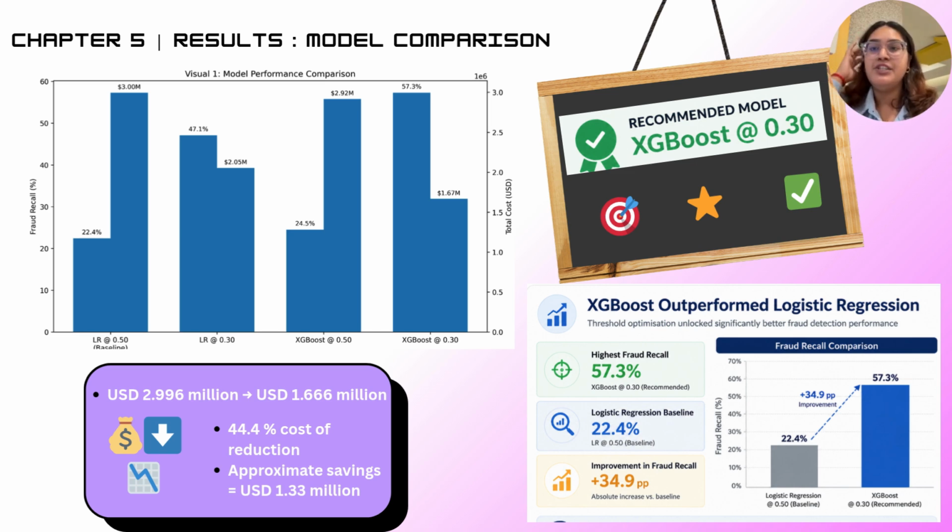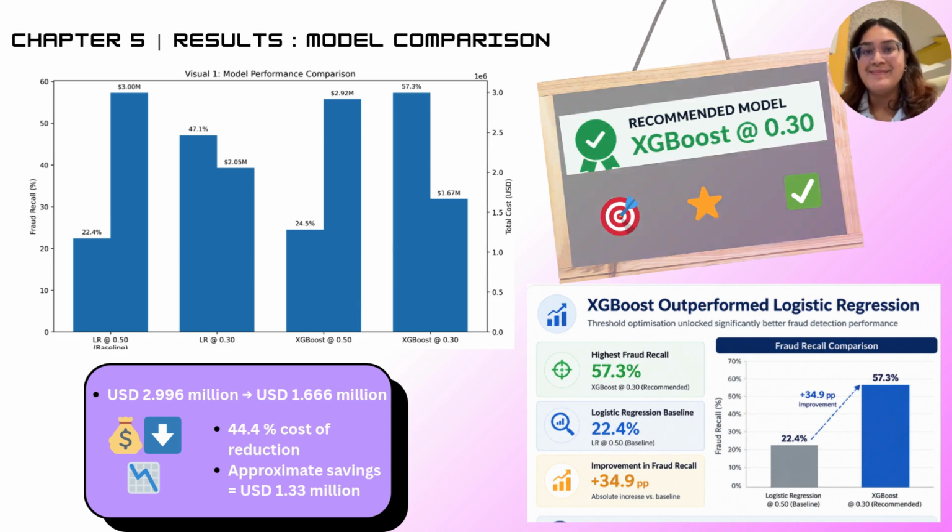Therefore, XGBoost at threshold 0.30 was selected as the best model due to its higher fraud detection, lower economic loss, and stronger business value. In conclusion, this study proves that effective fraud detection is not just about using a complex model, but about optimizing the model based on real economic impact.